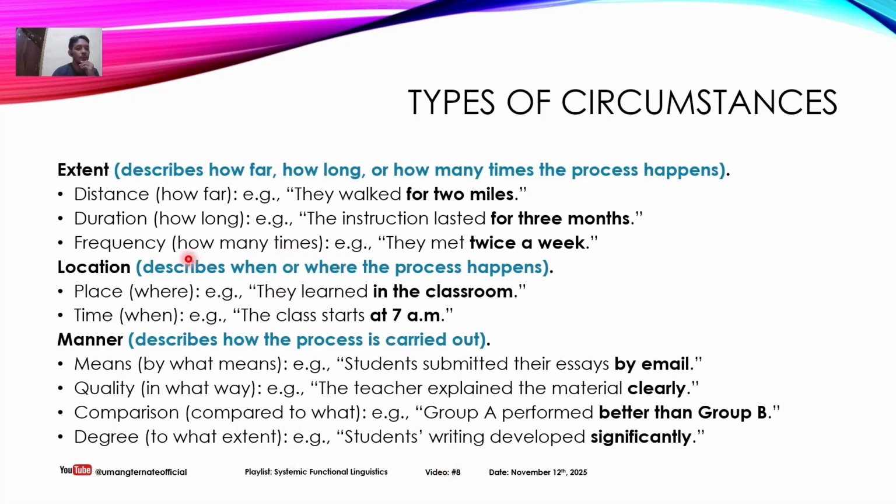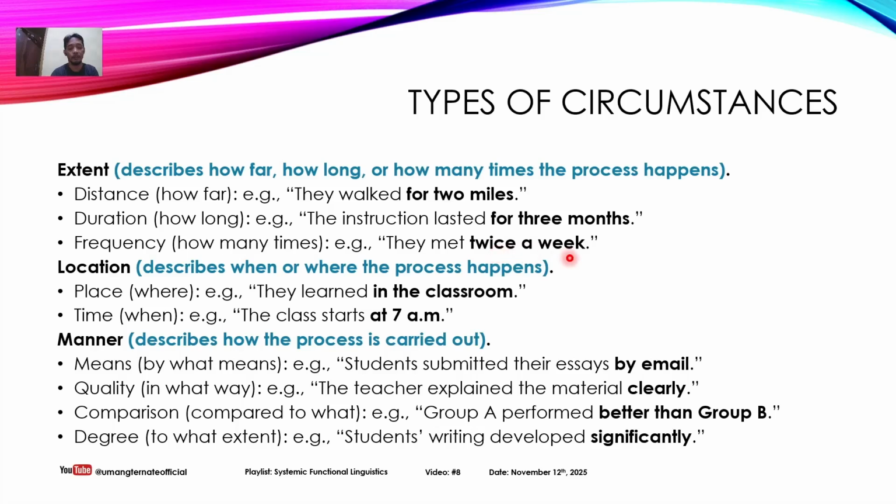The second one is the circumstance of duration, which describes how long the process takes place. The instruction lasted for 3 months. Here, for 3 months is the circumstance of duration. And then frequency, how many times, like they meet twice a week.